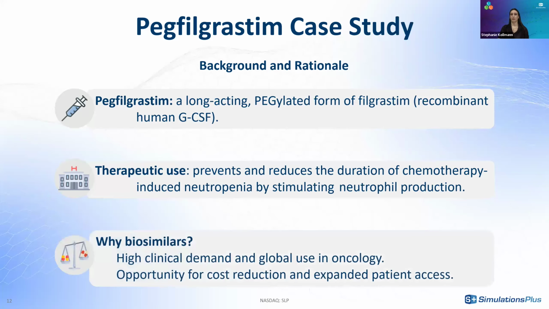And because of its critical role and use in oncology, pegfilgrastim is a major target for biosimilar development, offering lower costs and broader access. Though demonstrating biosimilarity remains scientifically challenging due to the drug's molecular complexity.